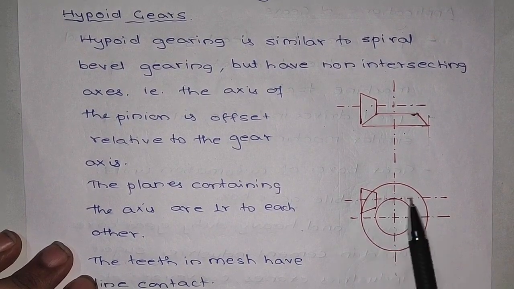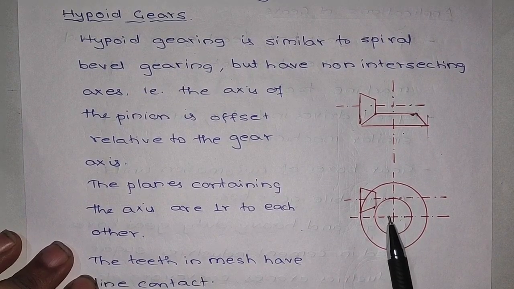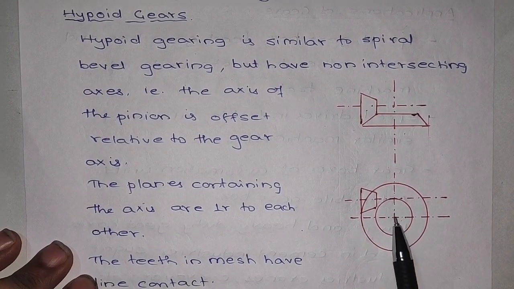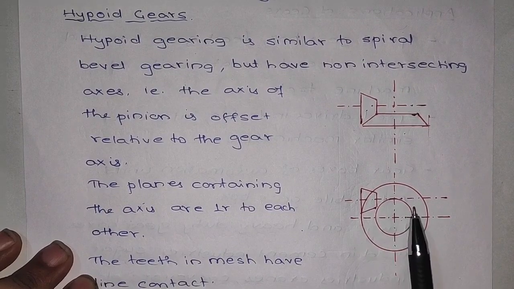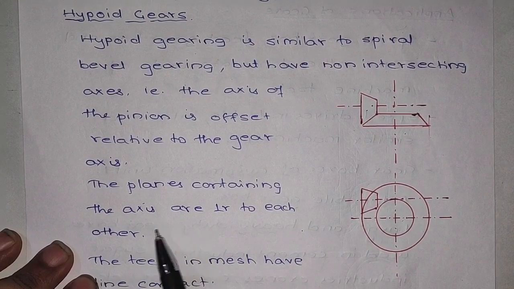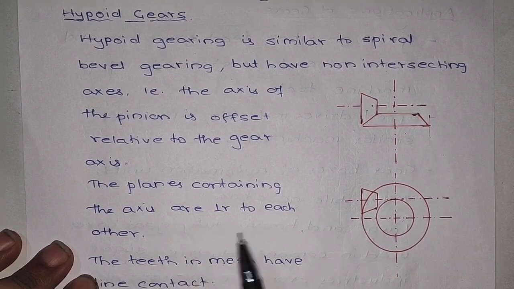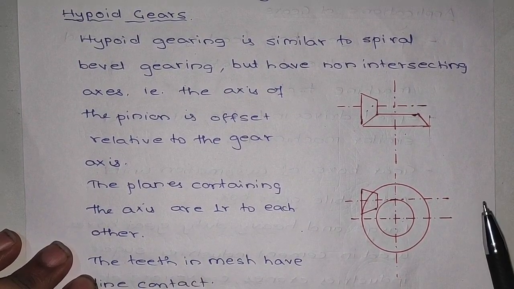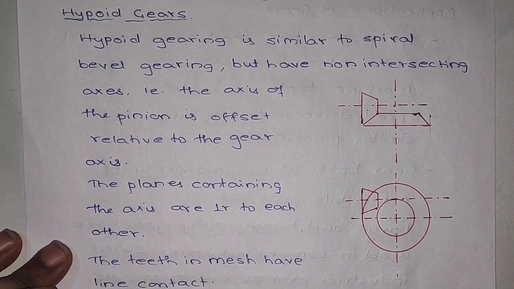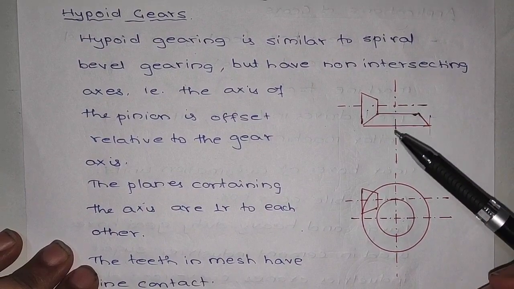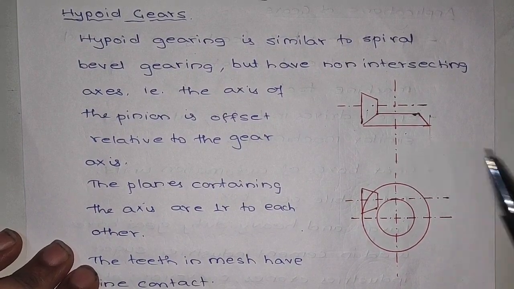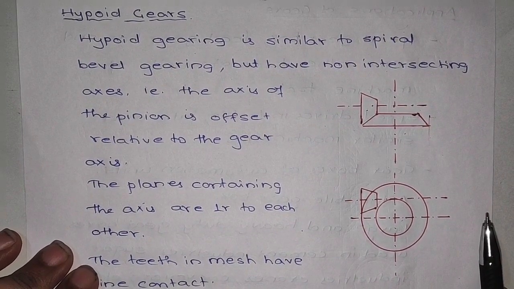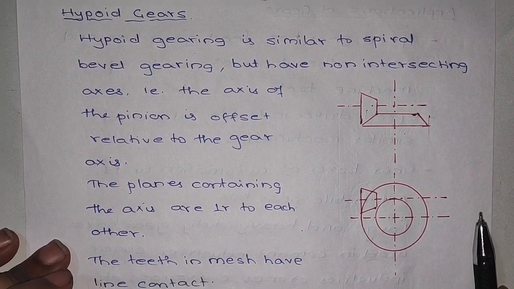These two axes are perpendicular to each other but they don't intersect. So the planes containing these axes are perpendicular to each other. The teeth in mesh have line contact in hypoid type of gears. So these are the gearing systems with skew shafts.